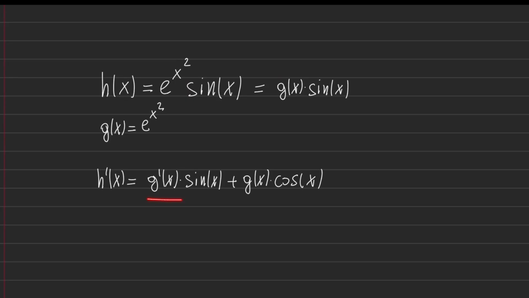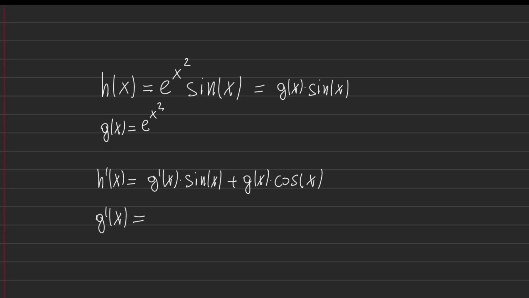Now for this expression, I know the cosine of x, and I know g of x is just going to be equal to e to the x squared. What I don't know is g prime. So now I just have to compute g prime of x, and this is going to be a chain rule between e to the x and x squared.